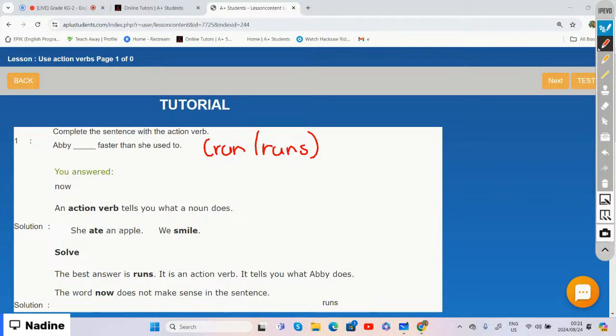Is it run or runs? Do we say run or do we say runs?